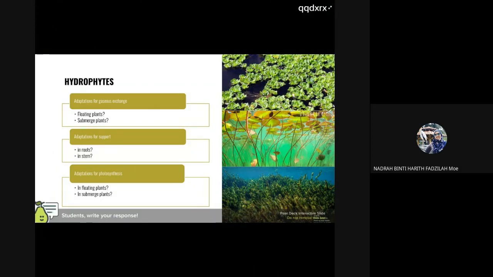Okay, sementara tu saya bagi personal feedback dekat satu persatu jawapan tadi supaya saya tahu yang mana saya dah respon, mana yang belum.